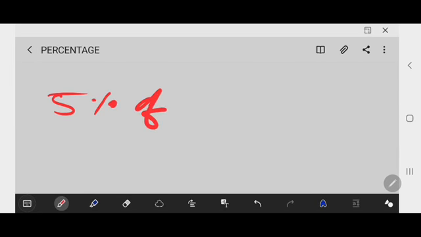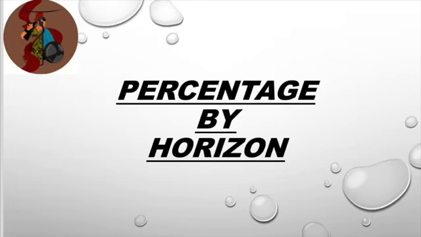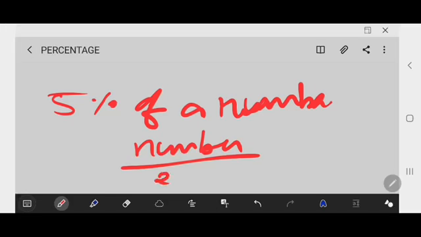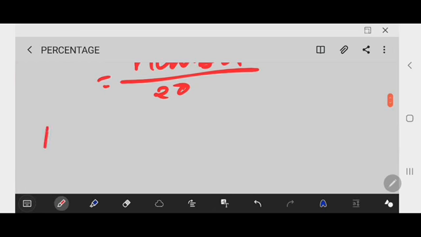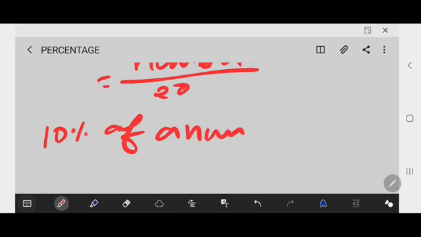5% of a number is the number by 20. Then 10% of a number is the number by 10.